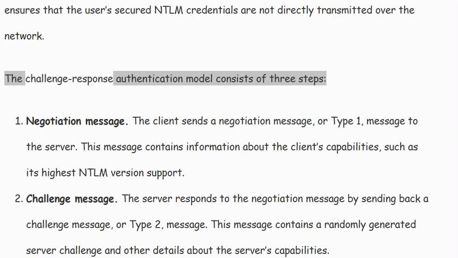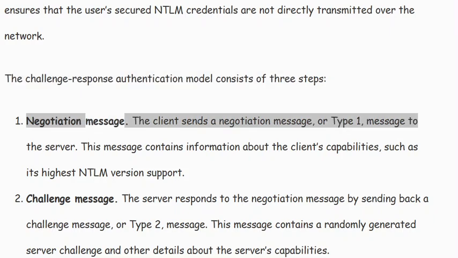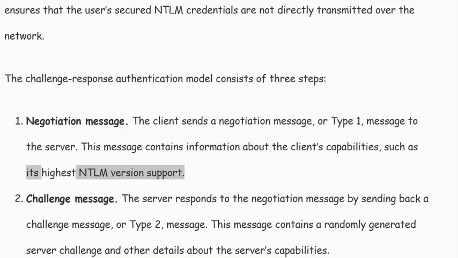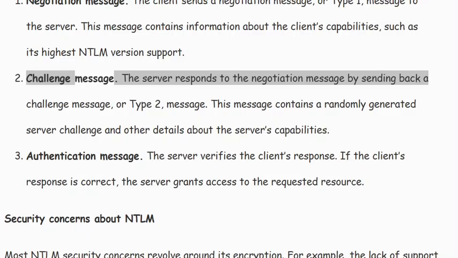The challenge-response authentication model consists of 3 steps. Negotiation message. The client sends a negotiation message, or type 1 message, to the server. This message contains information about the client's capabilities, such as its highest NTLM version support. Challenge message.